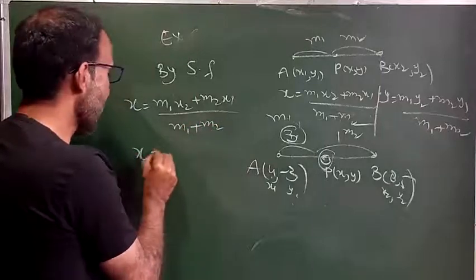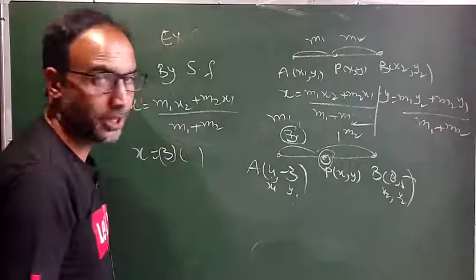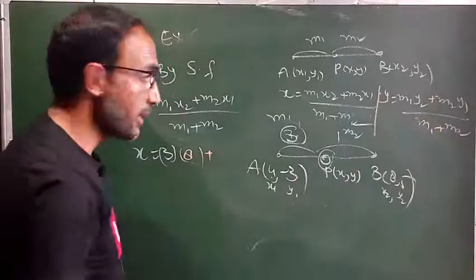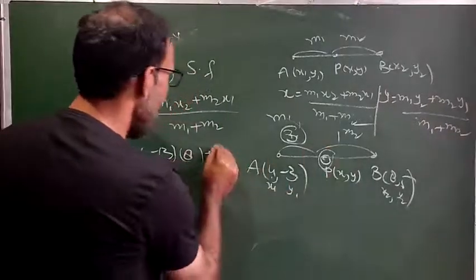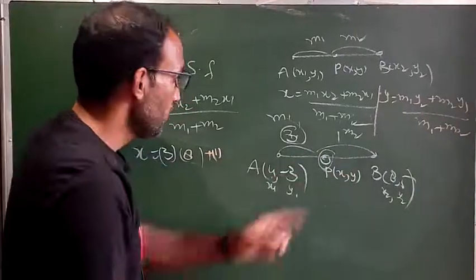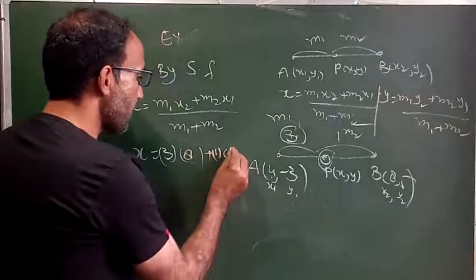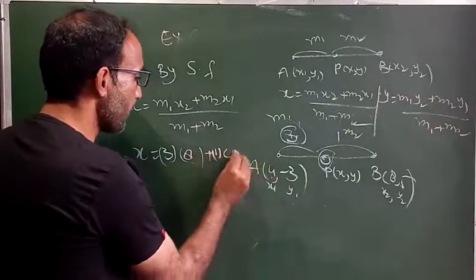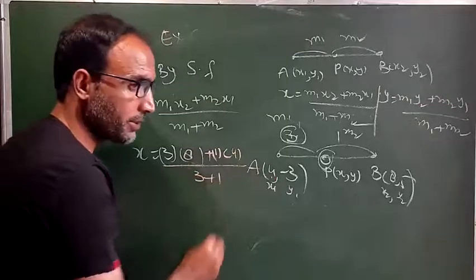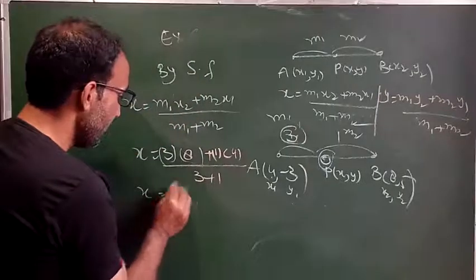Keep in mind, x coordinate is equal to, m1 is 3, x2 is 8, plus, m2 is 1, and x1 is 4, upon m1 plus m2, that is 3 plus 1.